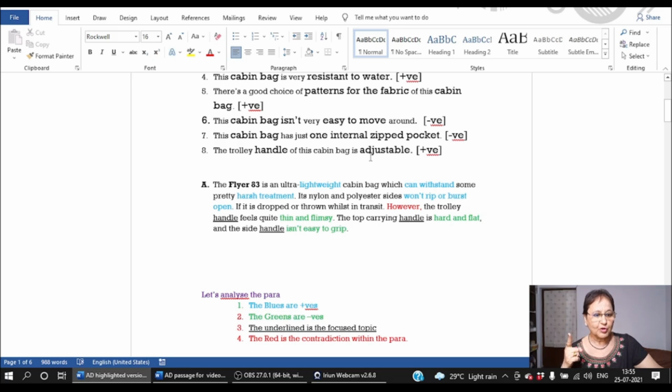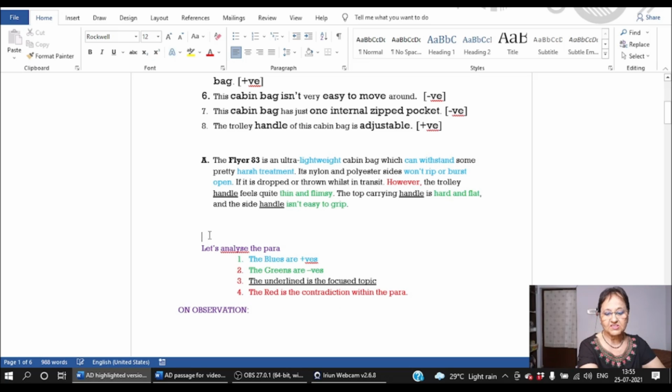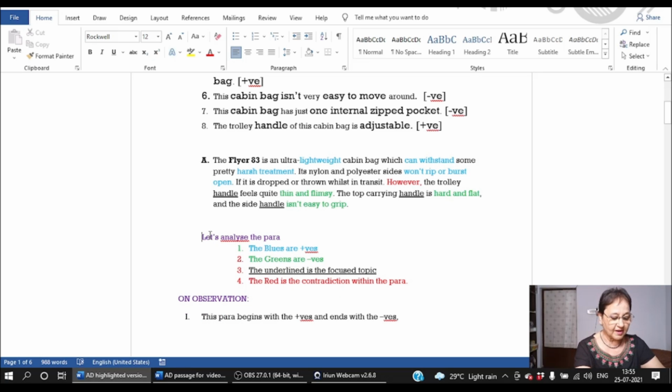But remember which are the negatives and which are the positives in the questions. Now when you read through the paragraph, I have highlighted the paragraph by saying, let's analyze the paragraph. So let's analyze means what have you got from the passage, right?